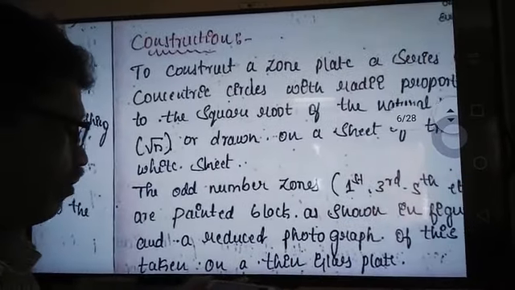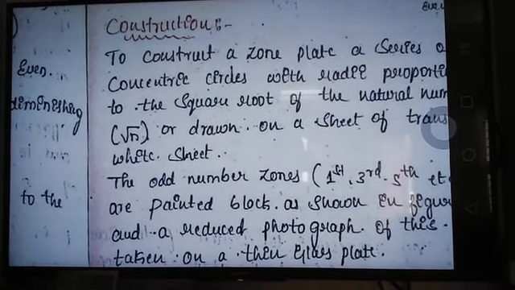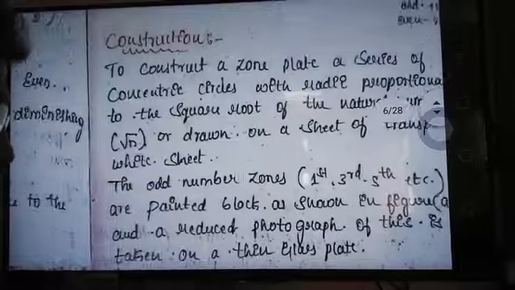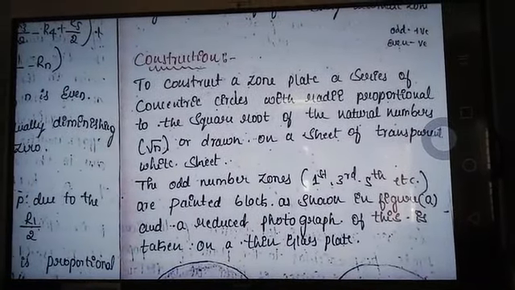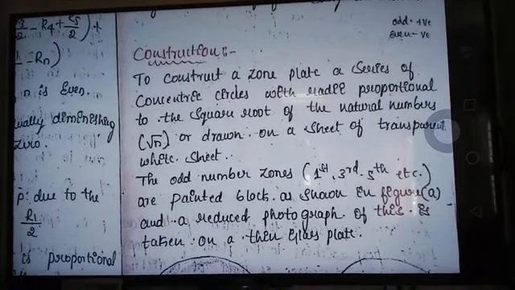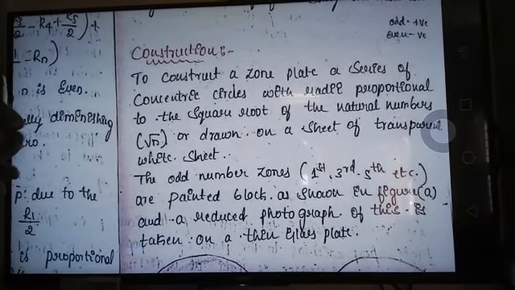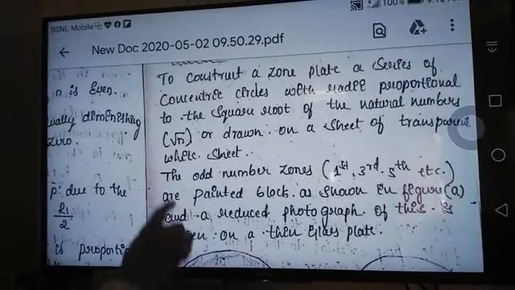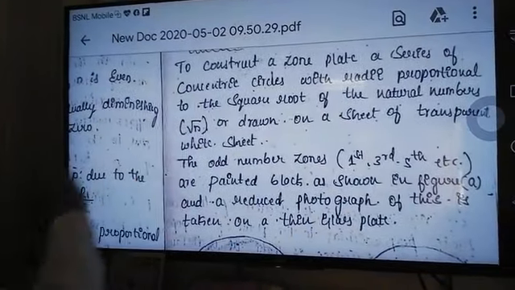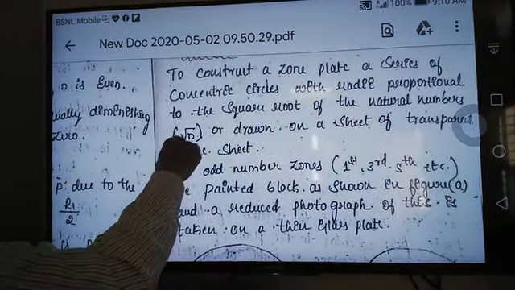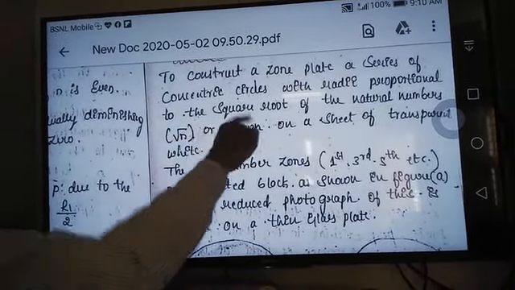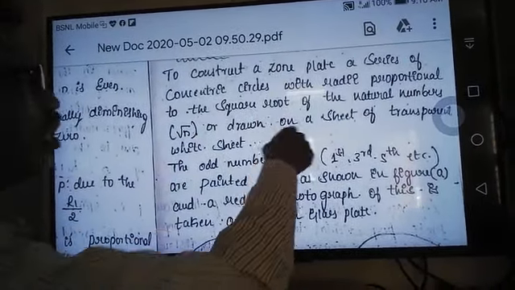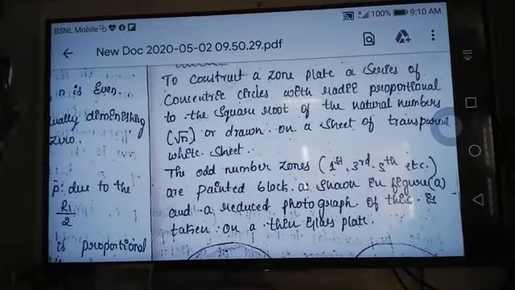The construction of a zone plate is such that, let us consider one white sheet. Draw concentric circles having radii root 1, root 2, root 3. By taking these radii, let us draw the circles on a white sheet.